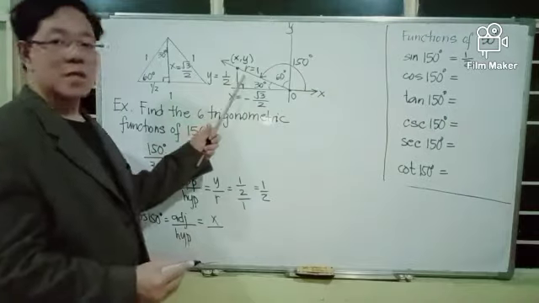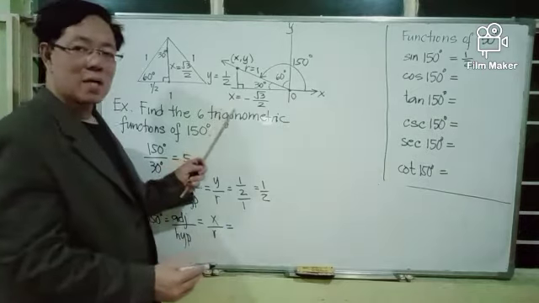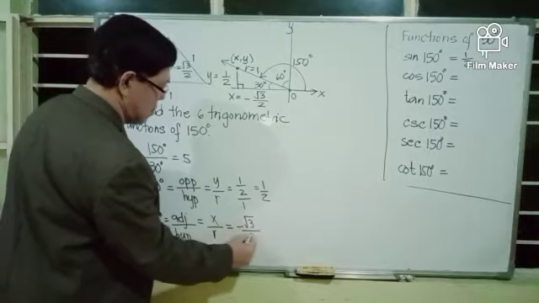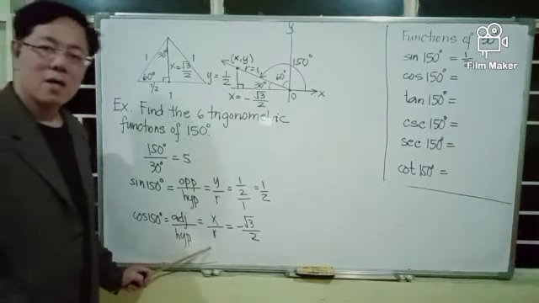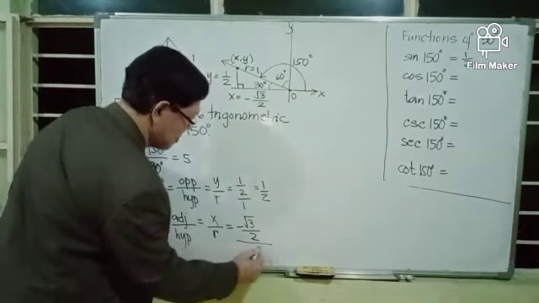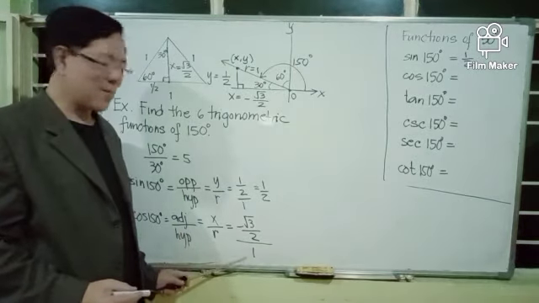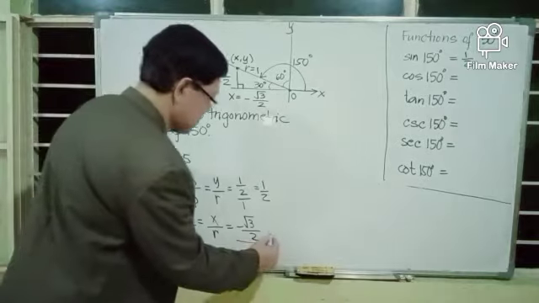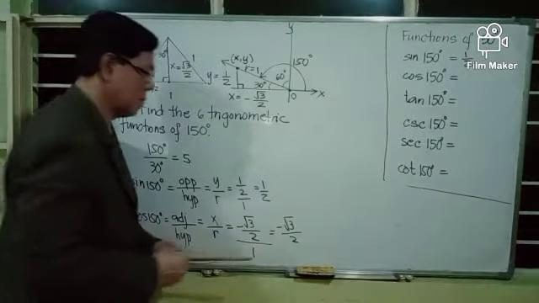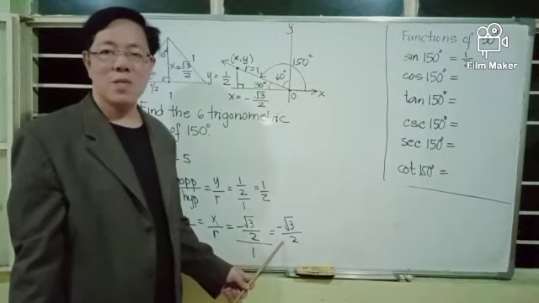And the hypotenuse is the radius vector r. But the value of x is negative square root of 3 over 2. Divide by r, the radius. And the radius is 1. Negative square root of 3 over 2 divided by 1 is negative square root of 3 over 2. Thus, the cosine of 150 degrees equals negative square root of 3 over 2.